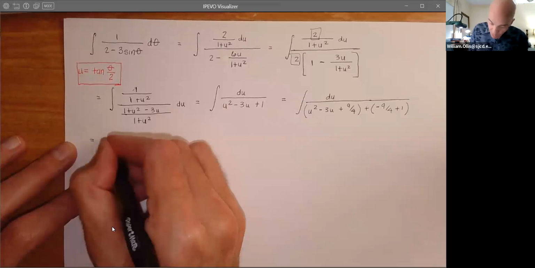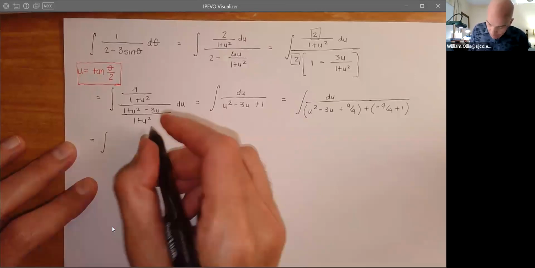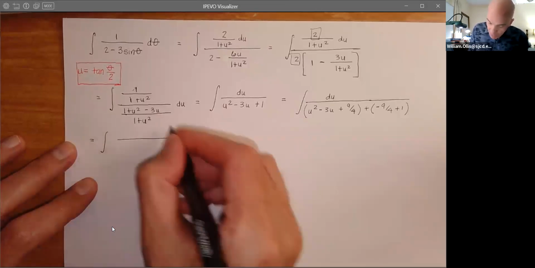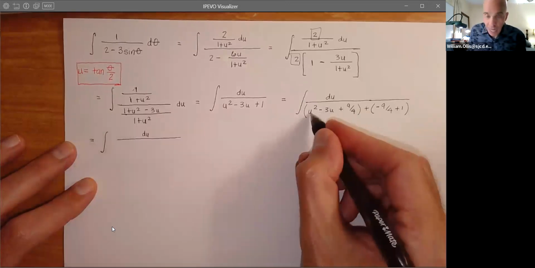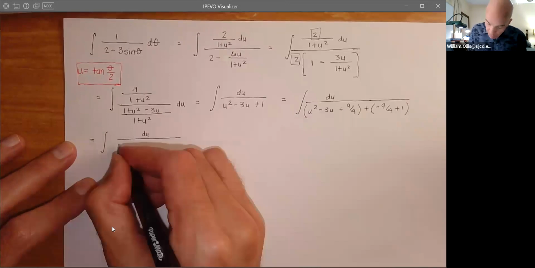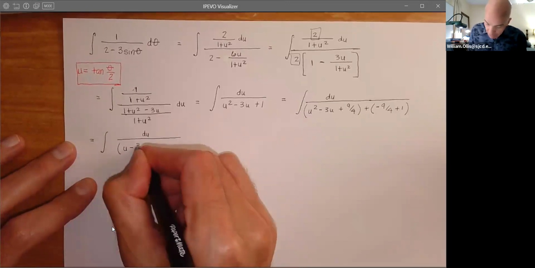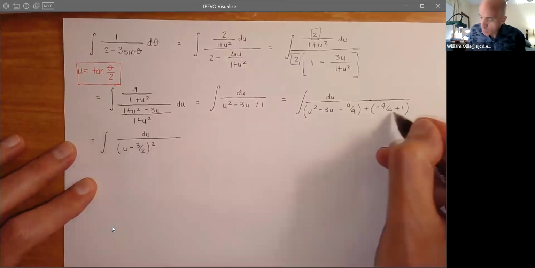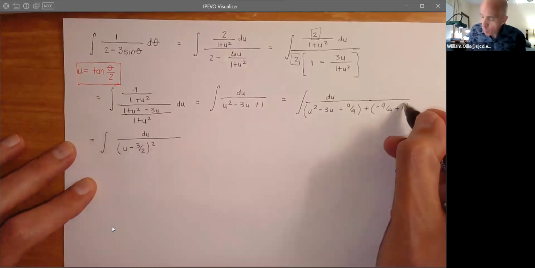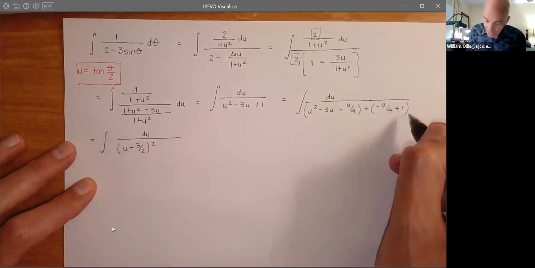So it's simple algebra. So we have a du. And so, of course, now this will be u minus 3/2 quantity squared. And then, of course, here with the 4, we have 4 over 4. So 4 plus a negative 9 is a negative 5.